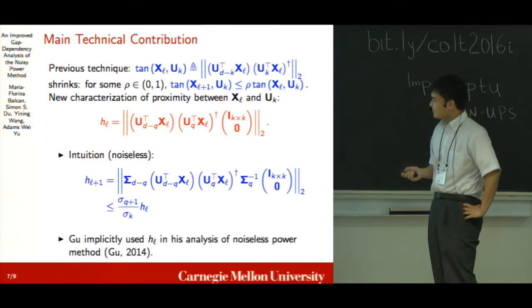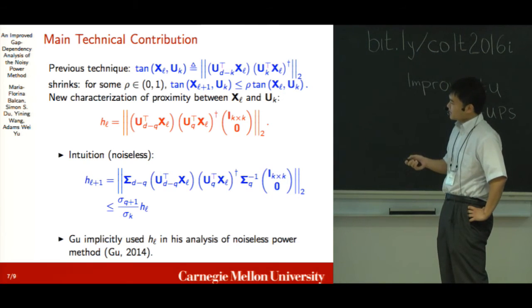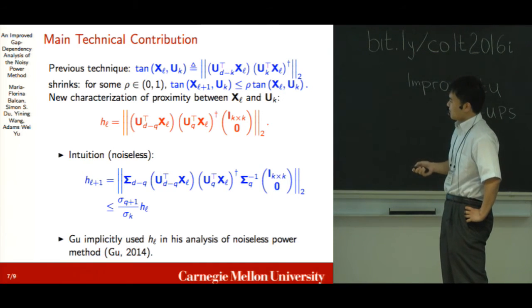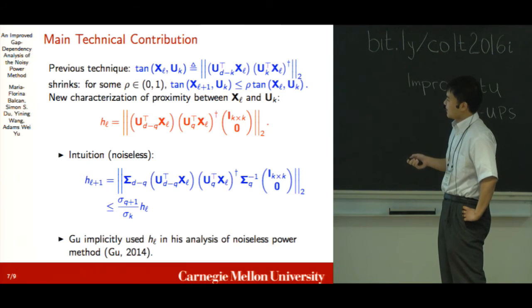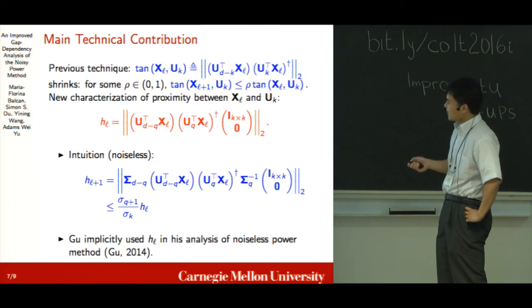Intuitively, in the noiseless case we can write an iterative inequality. After multiplying by this K by K identity matrix, we can extract the first K eigenvalues, so the convergence rate becomes faster.